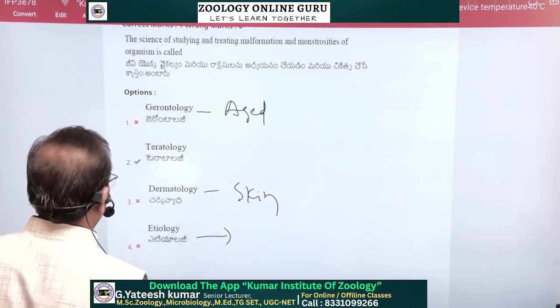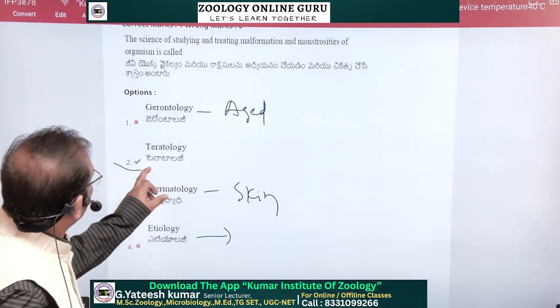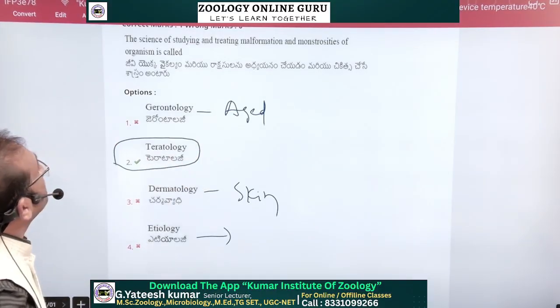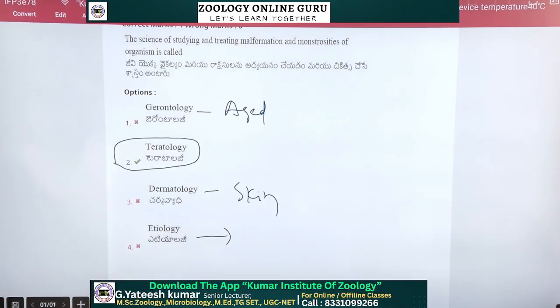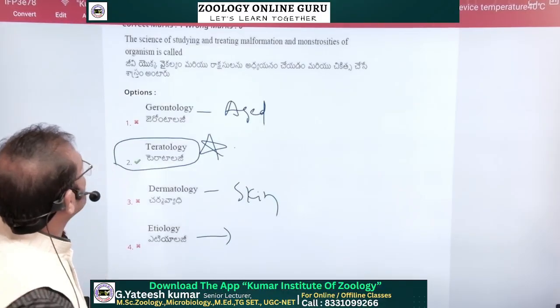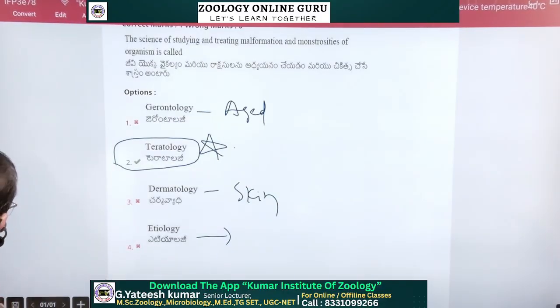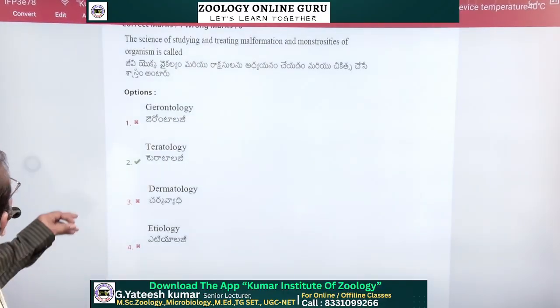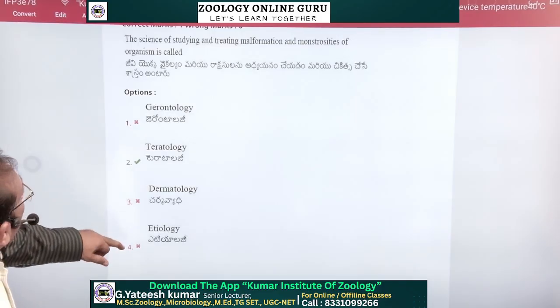Etiology also we know, but here teratology is the new one. The science of studying and treating malformation and monstrosities of organisms is called teratology. This is the different one, very important. Very nice question. Teratology was also asked in the MSc entrance zoology examinations.